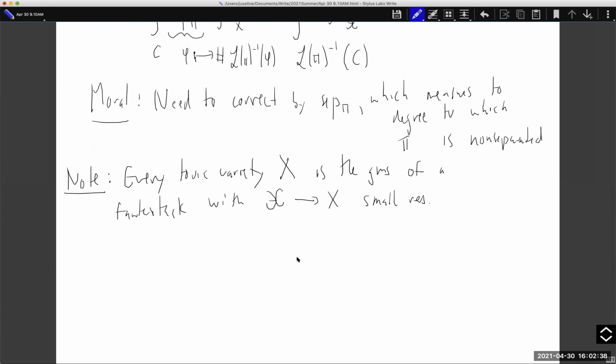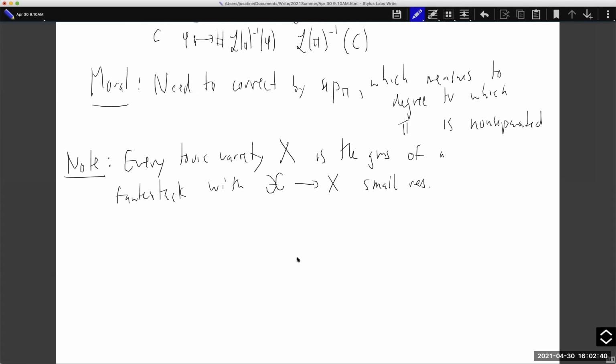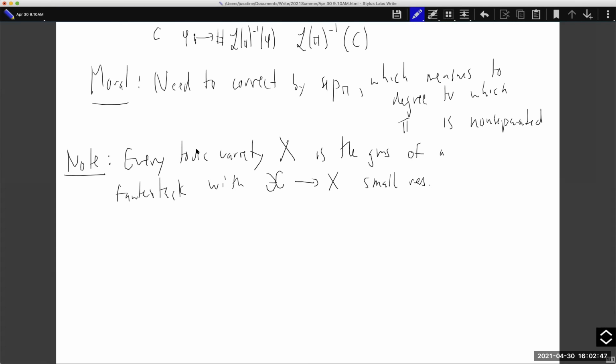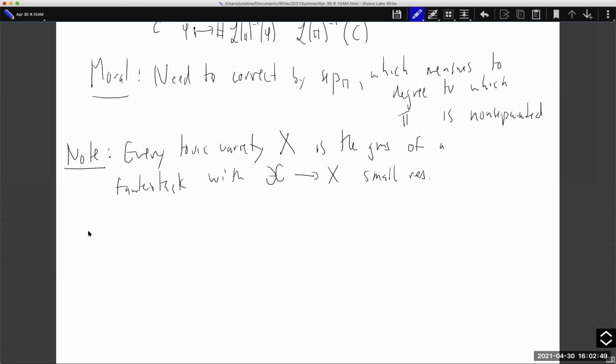But for today, I actually want to talk about an orthogonal approach, which is, are there nice settings where sep sub pi just isn't 0 on big pieces of the space of arcs? The point here is that if you really want to get the Gorenstein measure of X and therefore the stringy Hodge numbers from these motivic integrations on the stack, you really want to be able to divide by sep pi.